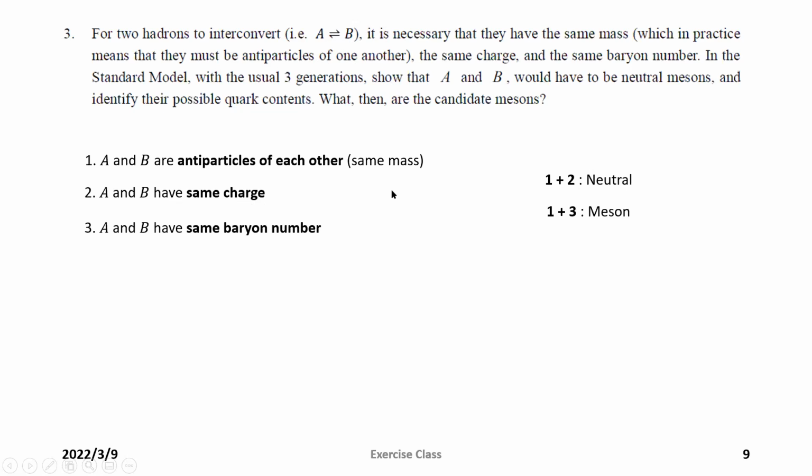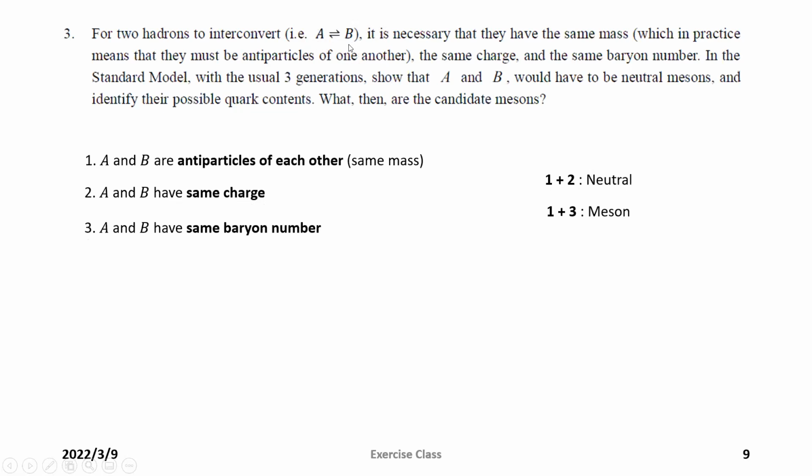And similarly, if we combine conditions 1 and 3, then A and B should be mesons. Let's say A is a baryon, then you will have a non-zero baryon number.